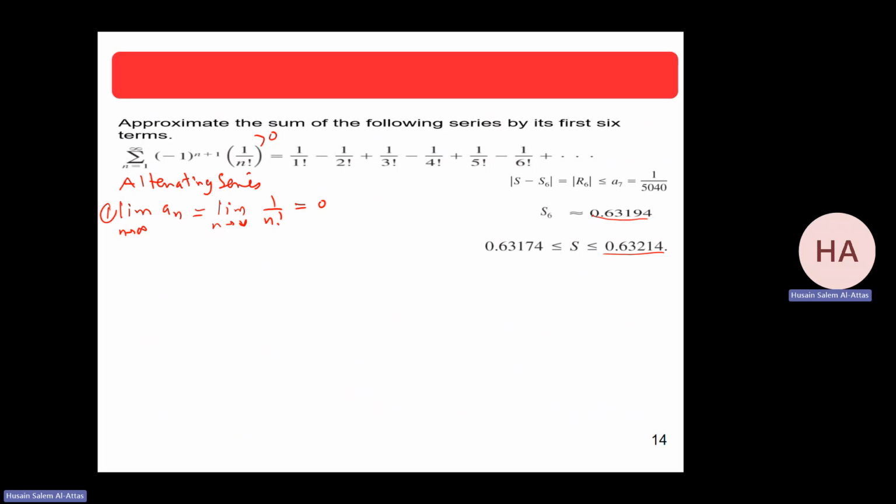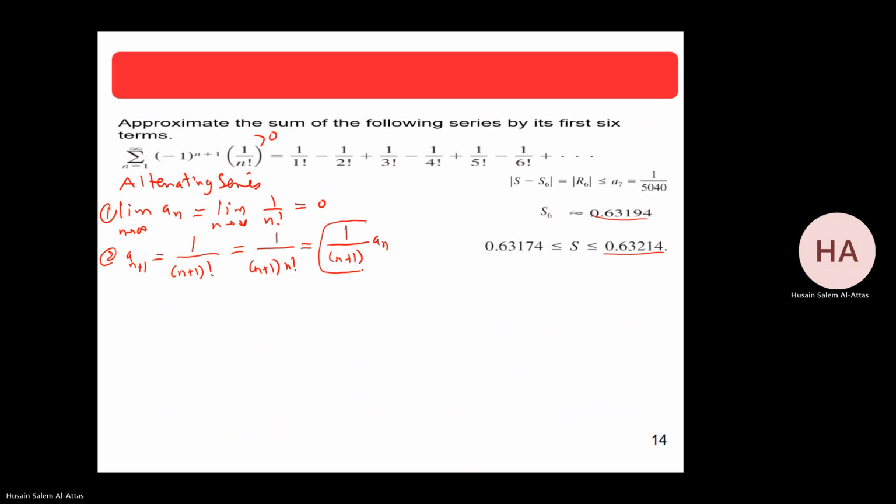What about a_{n+1}? If I check the second condition, a_{n+1} is 1 over (n+1) factorial. It will be 1 over (n+1) times n factorial, which is 1 over (n+1) times a_n.